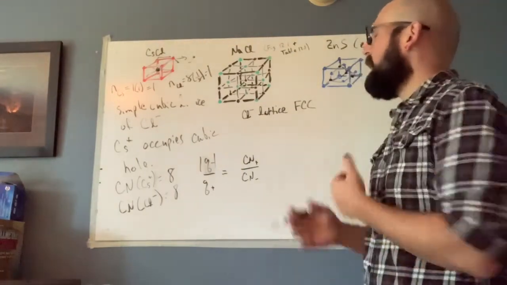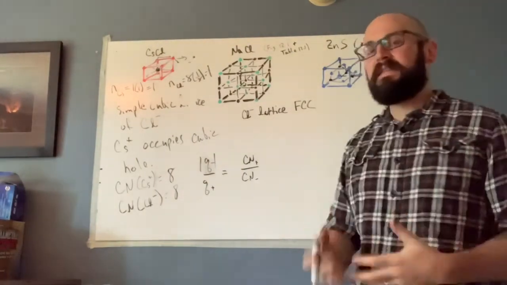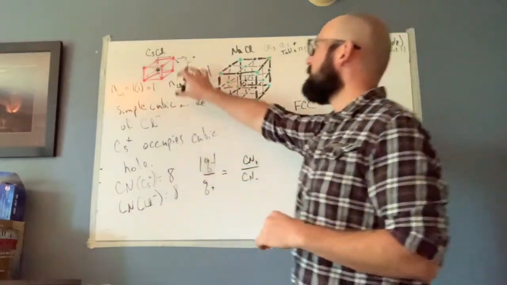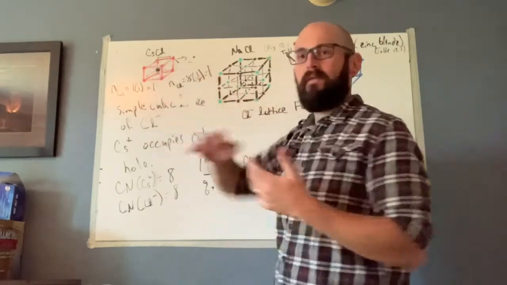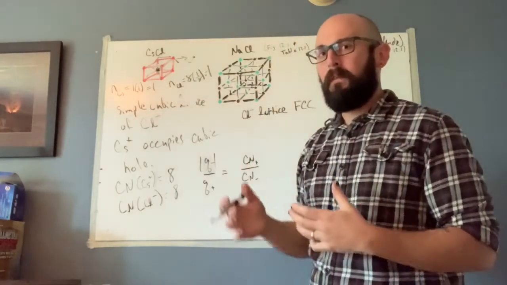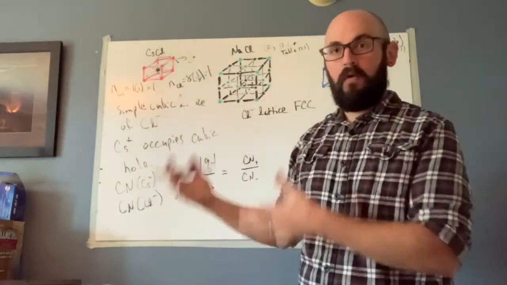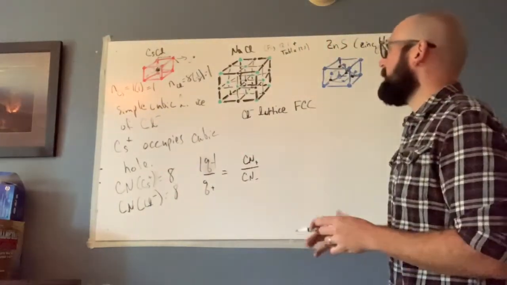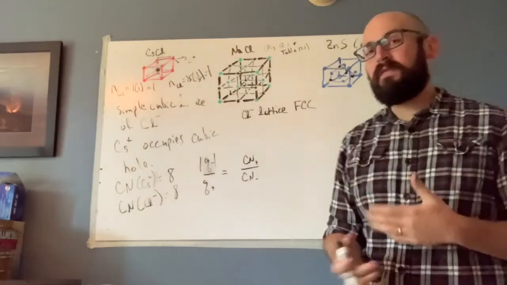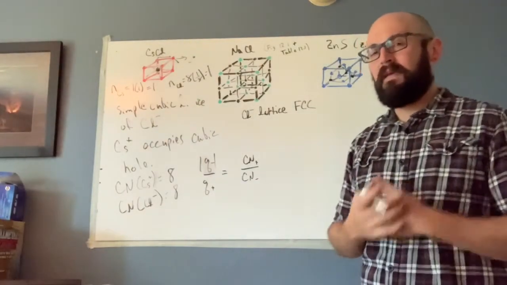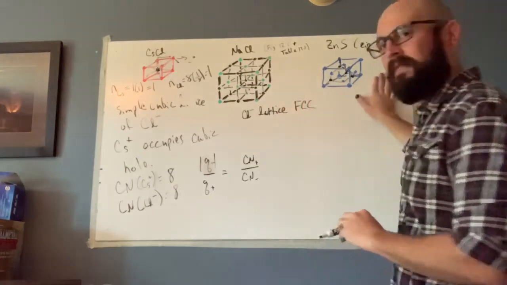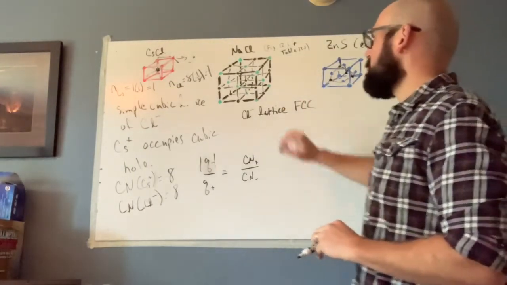We can then define the positions of sodiums relative to the types of holes that are present in our system. So in a simple cubic system, we only have one type of hole that's possible, and that's a cubic hole, right in the center of the body. In a face-centered cubic system, we have 2 different types of holes that can be present. And we have those exemplified through these 2 examples of sodium chloride and then the zinc blende crystal structures.